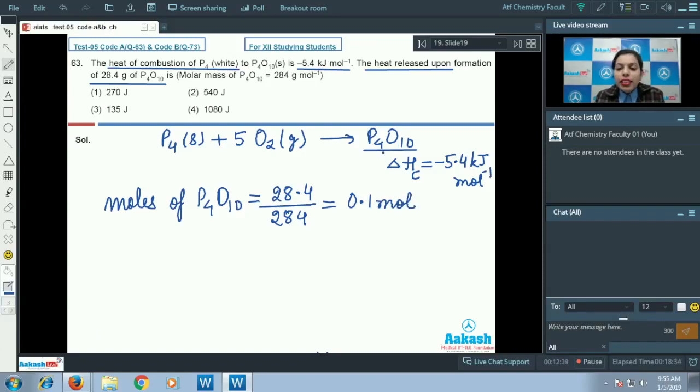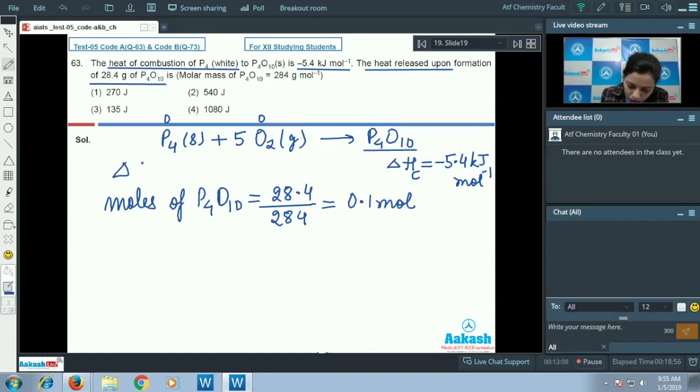Now, if you look at this given chemical equation, you will see that this phosphorus is there and its formation enthalpy is considered as 0 by convention. And if we talk about oxygen, it is in standard state, elemental form, that's why its formation enthalpy is also 0. So this enthalpy of combustion which is given here is equal to the formation enthalpy of P4O10 also.